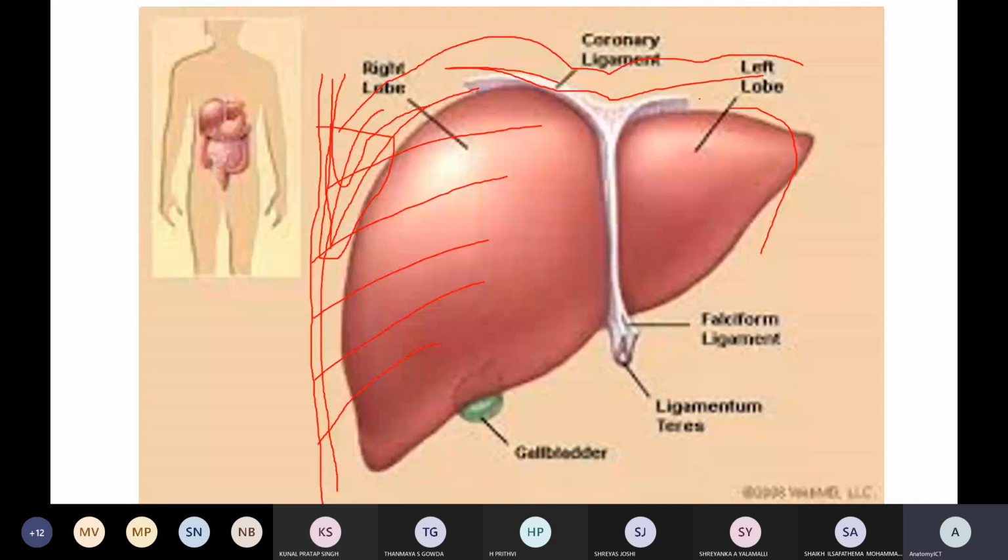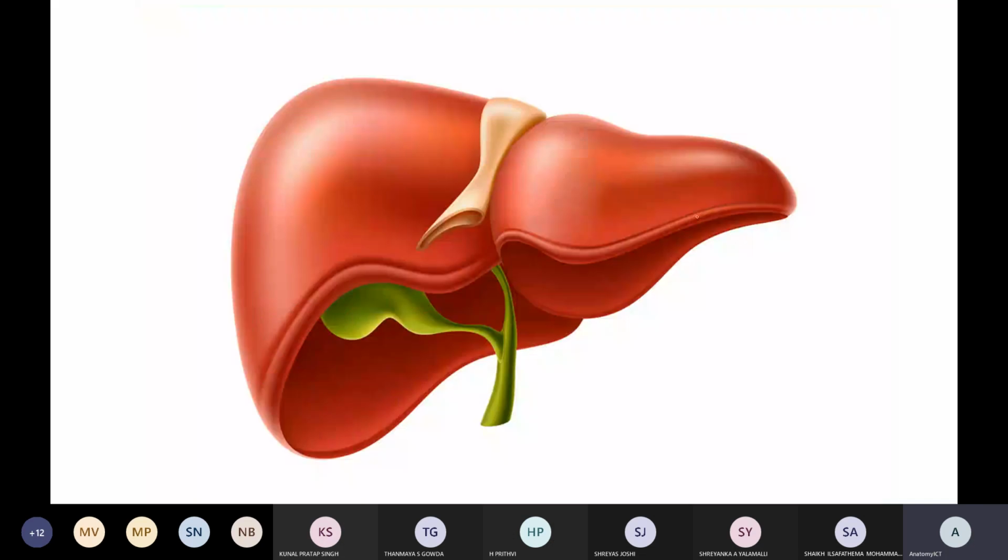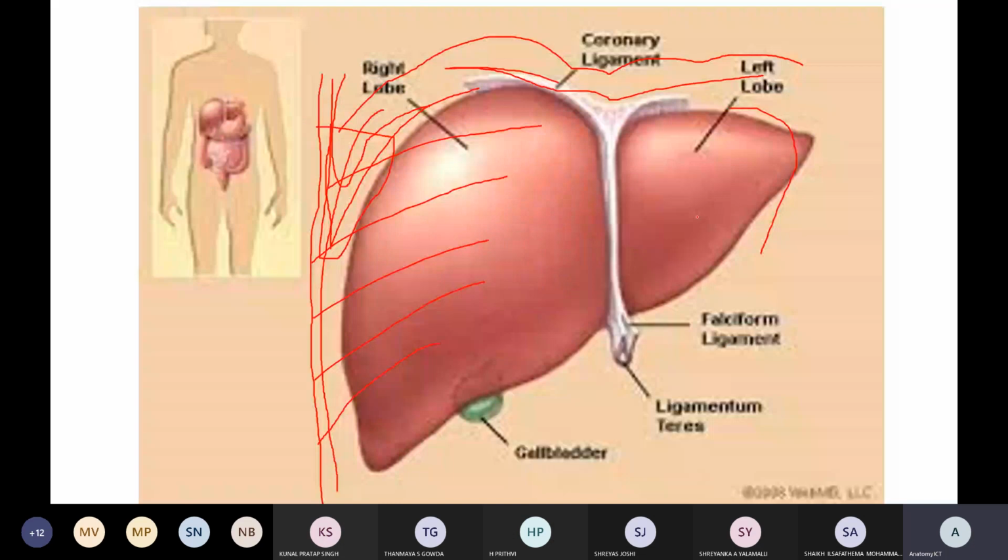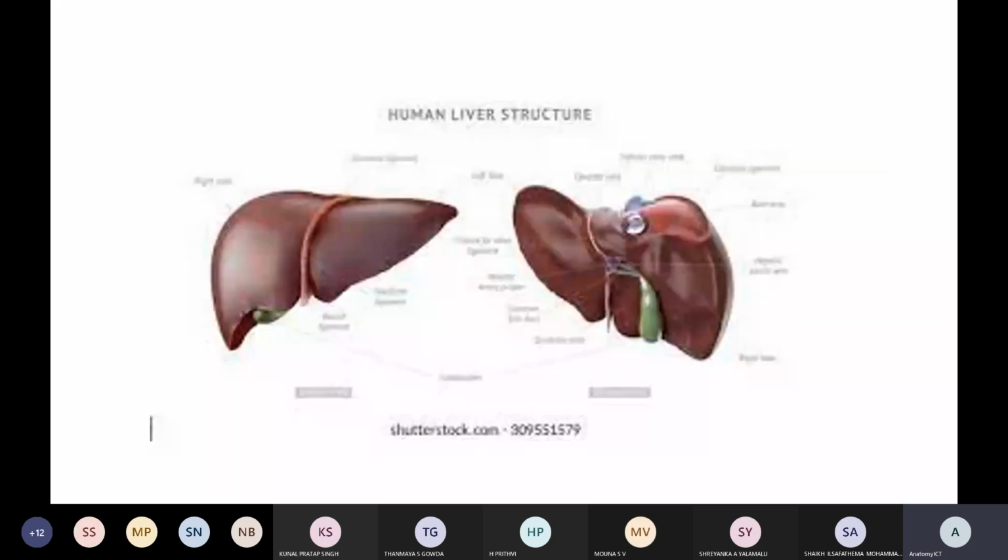And as we already know the ligaments of the liver, please write down, dear students, it's very important. Ligaments of the liver: first, the falciform ligament, present anteriorly, which divides into right and left. The second is the anterior coronary ligament, and there is a posterior coronary ligament. The covering between these two we call the round ligament, right? On the posterior side there is the ligamentum venosum.